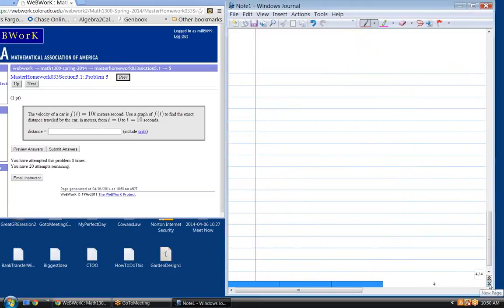Find the exact distance traveled. Oh, finally we get the algebra. Velocity of, calculus. Not that the other isn't, but the other is only to get you to understand what's going on. So how am I going to do this one? f of t equals 10t. Use a graph to find the exact distance traveled from 0 to 10.